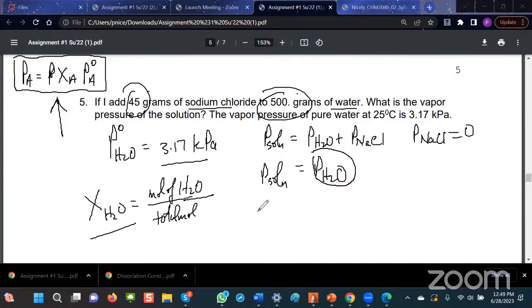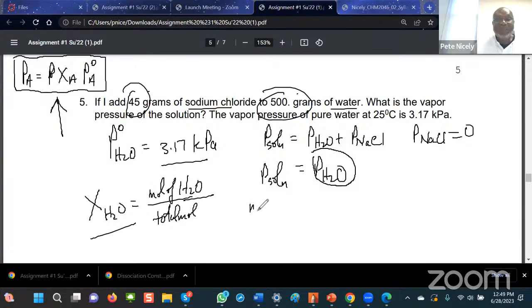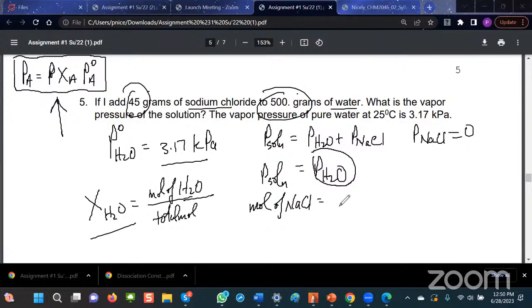NaCl. NaCl, right. Okay. So let's find the moles of NaCl firstly. Moles of NaCl, how do we calculate that? You convert the given gram amount using molar mass to get moles.